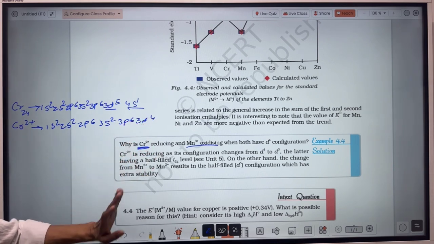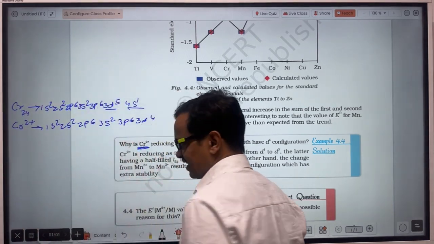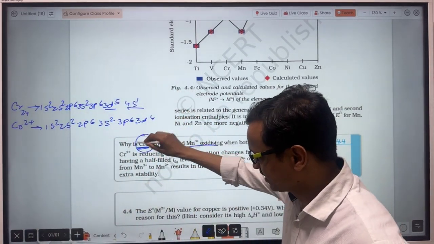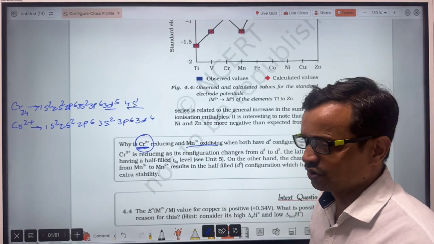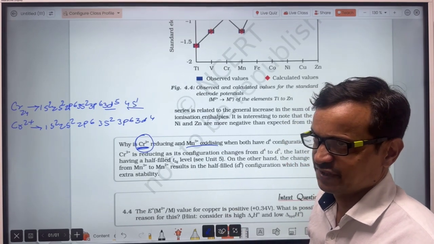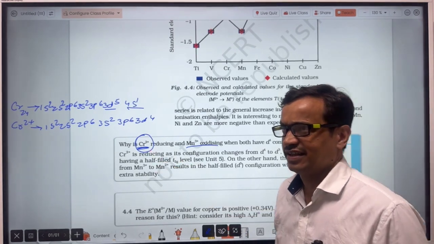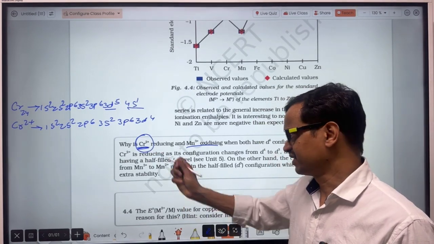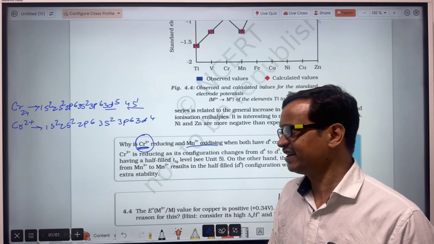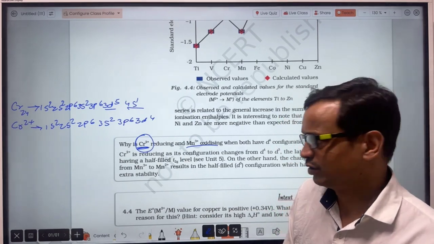It acts as a reducing agent. Chromium here is acting as a reducing agent, that means chromium will have the tendency to get oxidized. Cr2+ here is acting as a reducing agent, that means Cr2+ will itself oxidize.